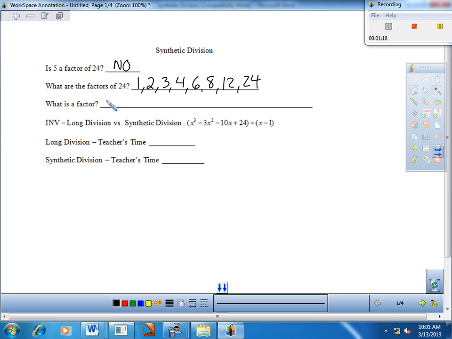You could paraphrase me if you'd like, but I'm hoping you'd all agree it has to be a value that divides evenly into our term. Whatever it may be, concrete, abstract, makes no difference. So 2 divides evenly into 24. 5 does not divide evenly into 24. There's a numerical value other than 0 that's a remainder.